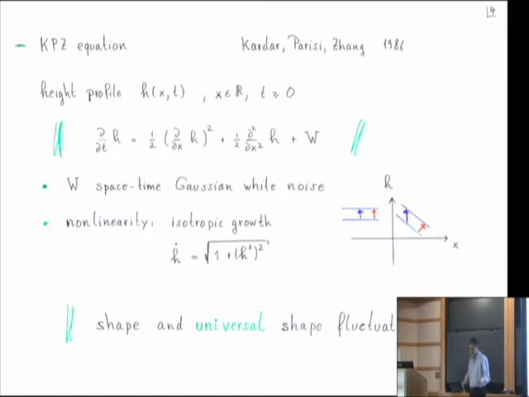Instead of putting the square, you can take the fourth power and things like this. And then there's an argument that this shouldn't make too much difference, in the sense that the large distance behavior would not depend on what particular power I put, but I must have a nonlinearity. Okay. All right. So how do you get this term?